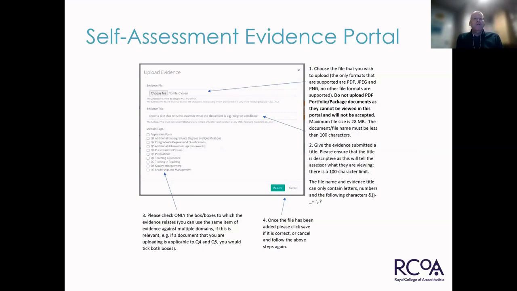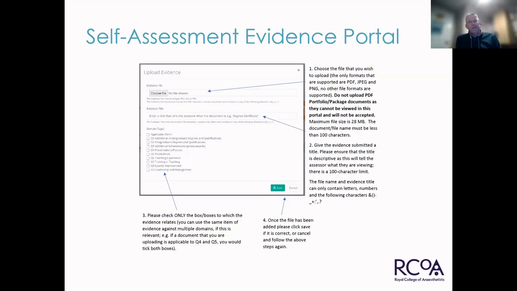There is an opportunity to upload your evidence, and you'll see that this gives you information about the types of formats which are supported, and the size of files that you can submit. As Nikki has said, and we'll stress again, we are really keen to encourage everybody to put just a single page document in that explains why you've awarded yourselves the points for a particular domain.